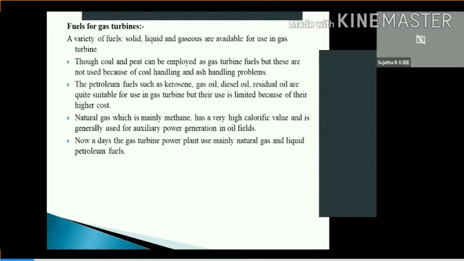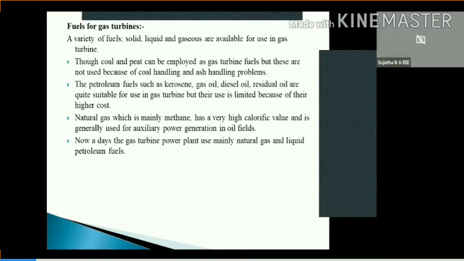So this can also be used as gas turbine fuel, but these are not used because of coal handling and ash handling problems, which you have seen in the thermal power plant. Now, see, we use coal as the resource for producing steam in a thermal power plant. So the main drawback is handling coal. You require a lot of coal, and when you burn coal, a large amount of ash is produced.